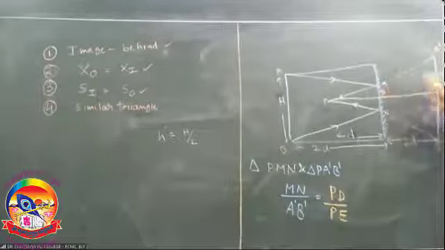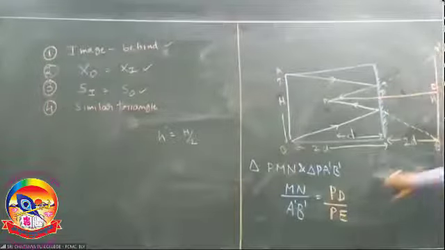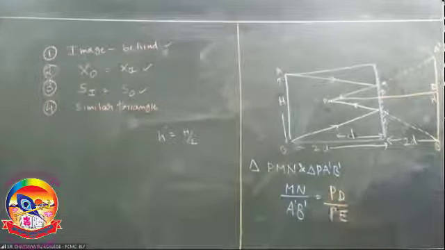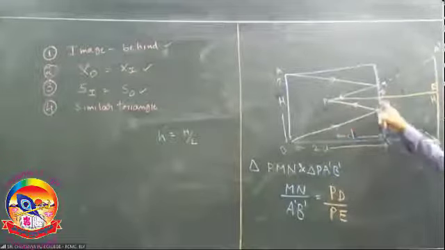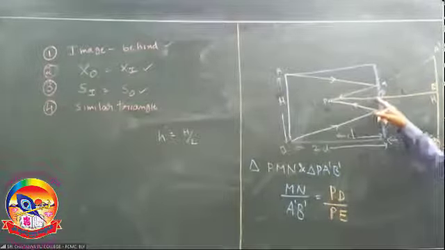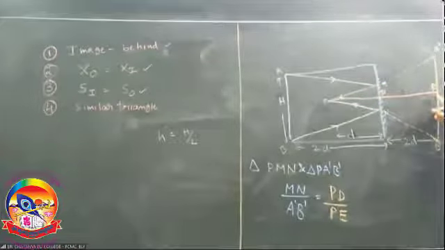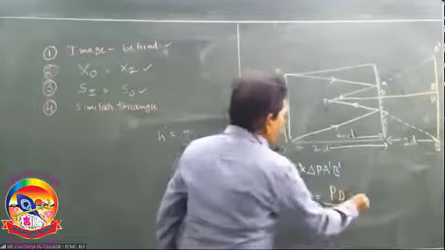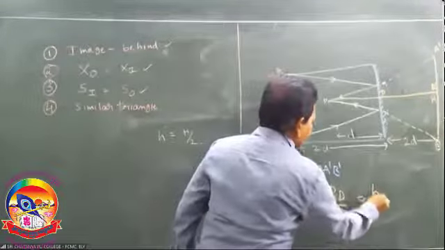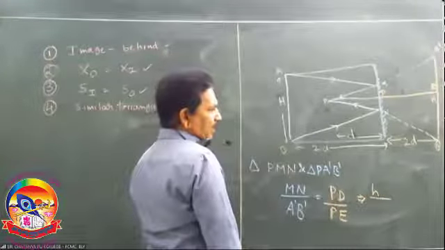So, base by base. For this one the base is MN, for this one the base is A dash B dash, equal to altitude of the triangle by altitude of the triangle. Altitude of this triangle is P to D, altitude of this triangle is P to E. I want MN, so MN is equal to small h, the height of the mirror.